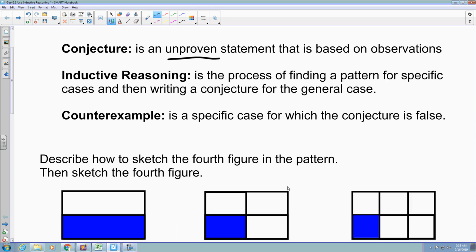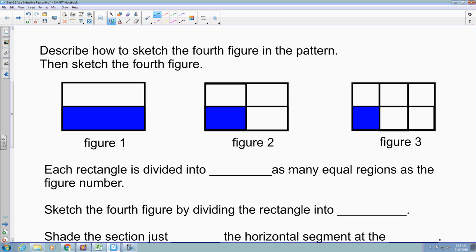So looking here, we have an example where we have figures 1, 2, and 3. It looks like in the first example we have a horizontal line going through a rectangle, and it's shaded blue on the bottom.